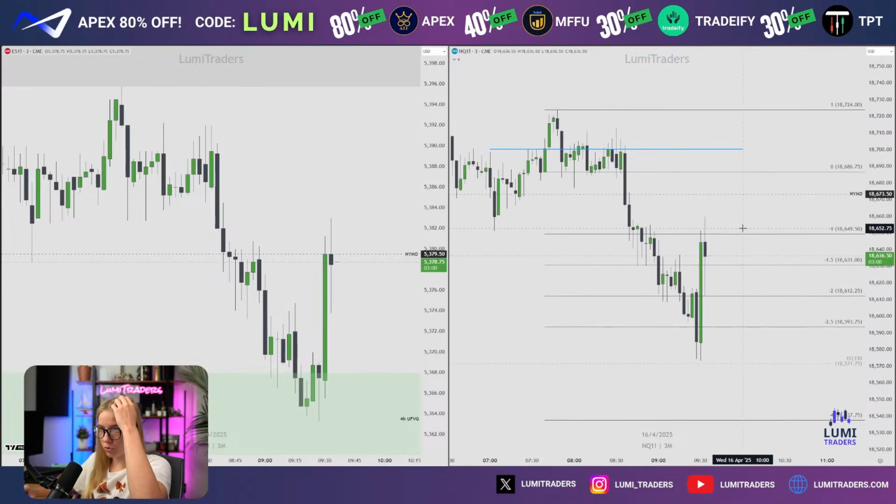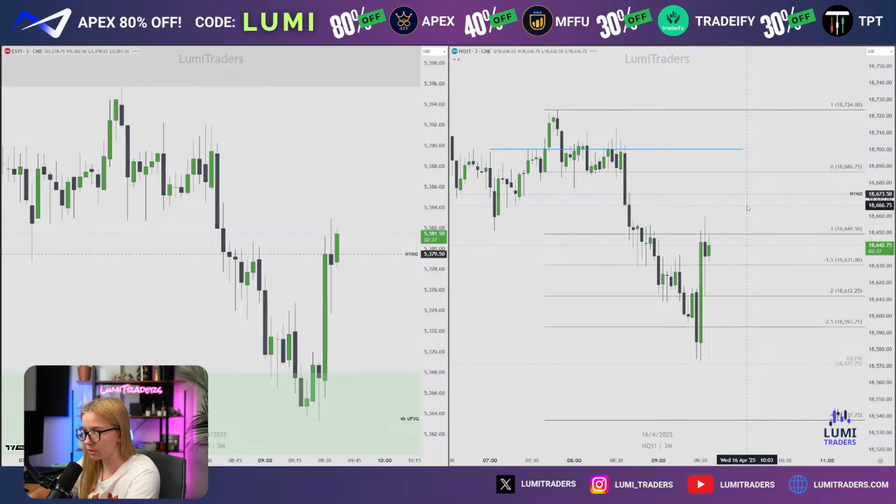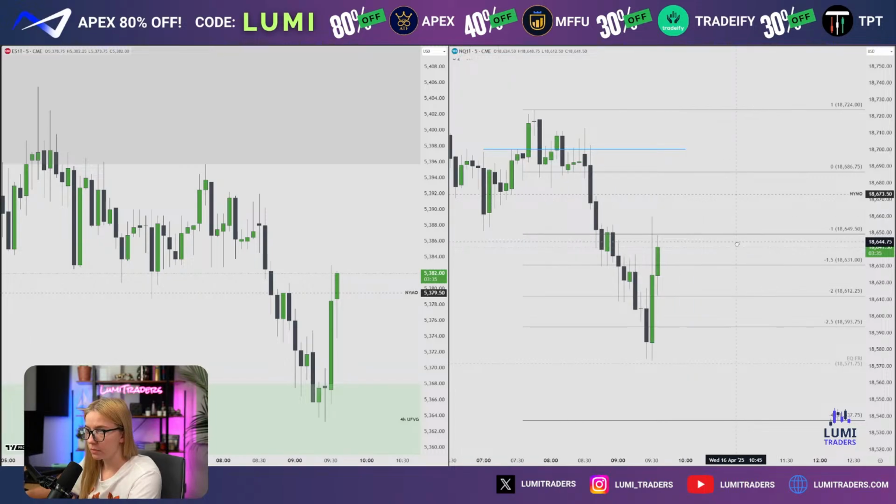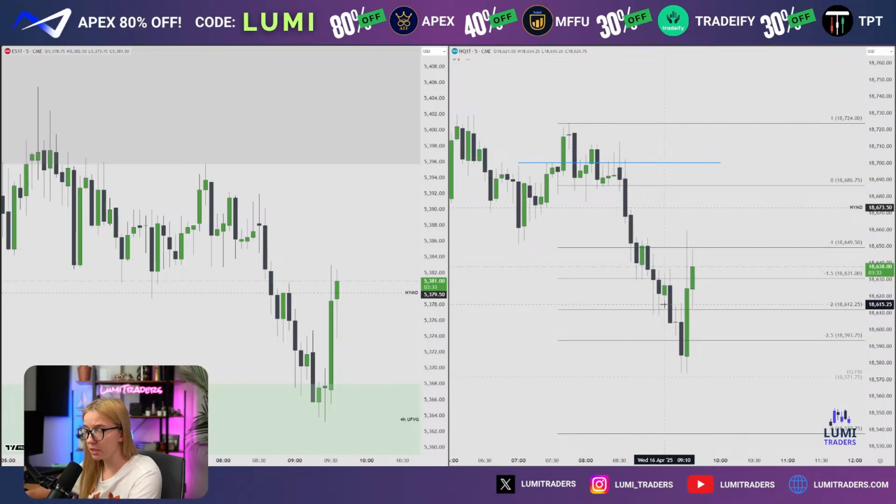Just trying to see what is going on so far, because from what I can see, we got the retracement from 2 and 2.5 to 1 and 1.5, right? That's interesting. Stuck at this range, doesn't really want to move yet. We got a small 5-minute inversion right here.